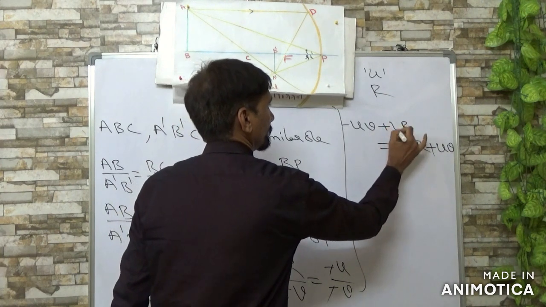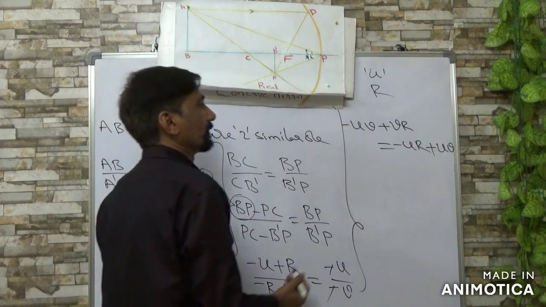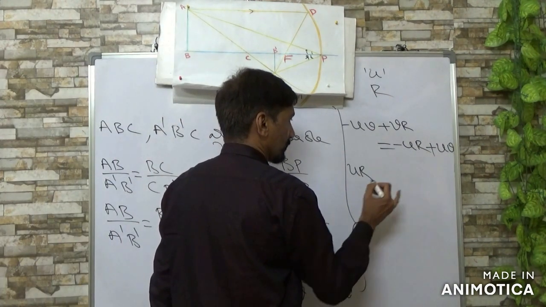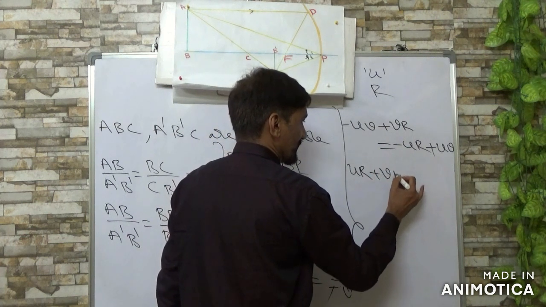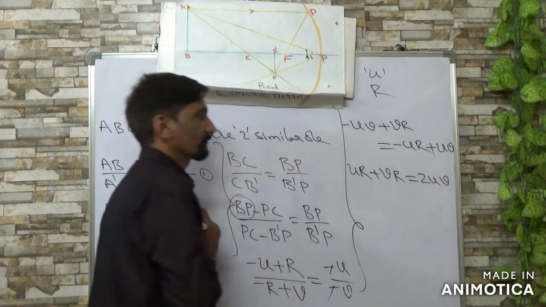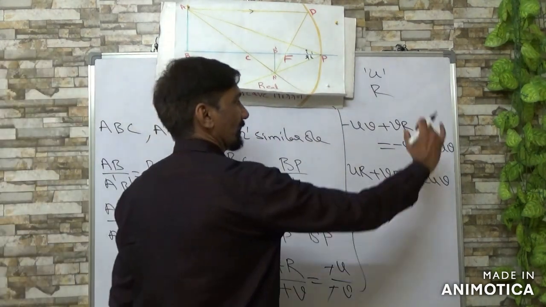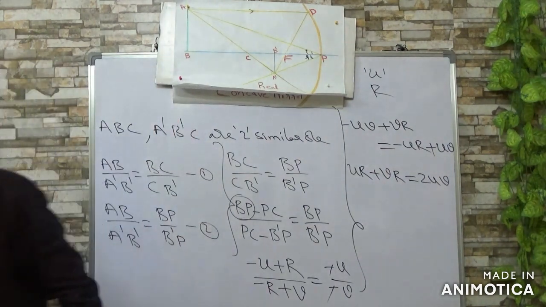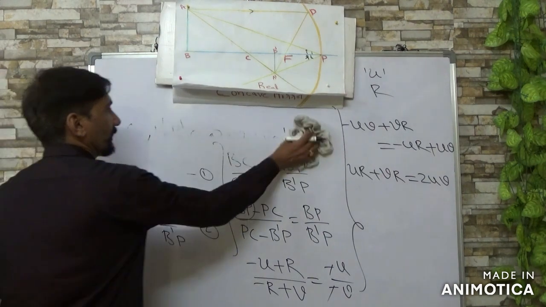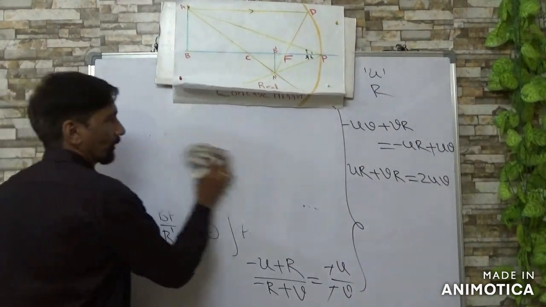Now bring these terms to one side: UR plus VR equal to 2UV. Now divide this entire equation by UVR.